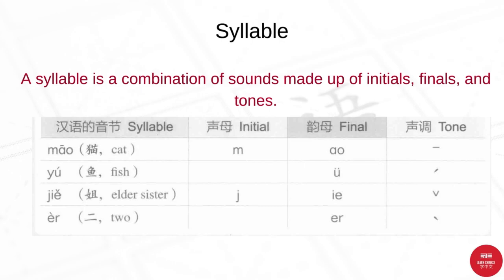So the pronunciation is jie. That means elder sister. The fourth one is er. Here, no initial, only a final, and the tone is the fourth. Er means two. So based on these initials, finals, and tones, all the Chinese characters get pronounced.